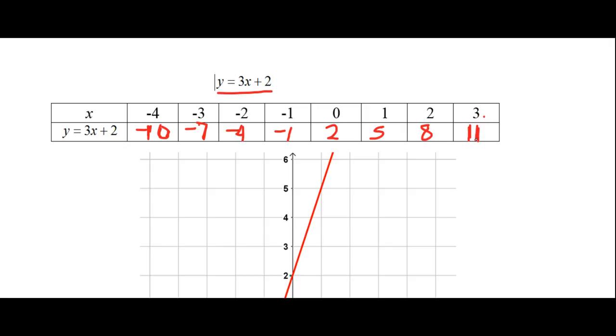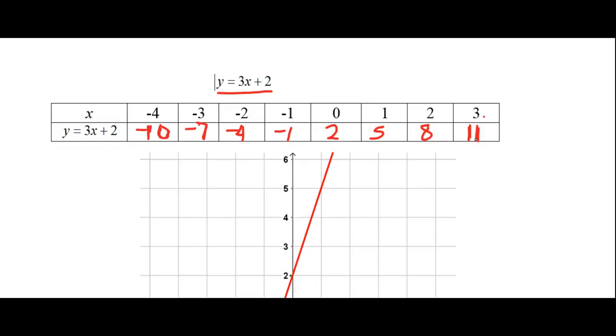Now we want to observe these two sets of values critically. You see that the x values change in units: -4 to -3 to -2 to -1, 0, 1, 2, 3, and it can go on and on. But what happens to the y values? The y values change by 3 units. From -10, they go to -7, plus 3 gives -4, plus 3 gives -1, plus 3 gives 2, then 5, 8, and 11.